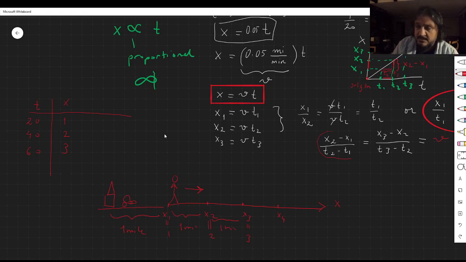This X is not the distance, but its position. X is the position variable, not distance, not displacement. When I mean delta X, I'm talking about displacement.